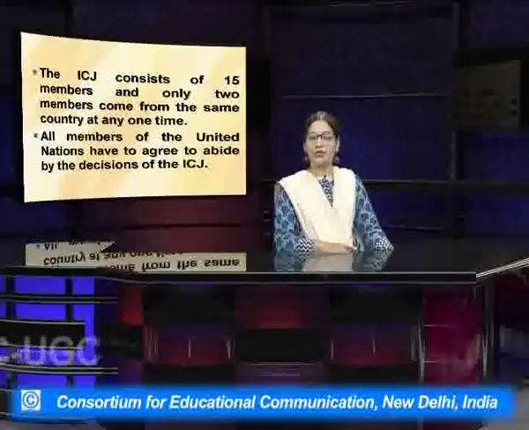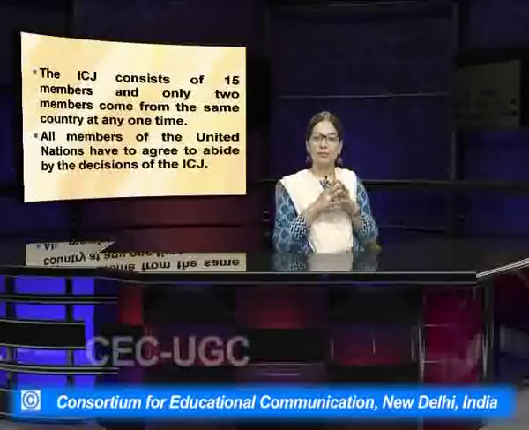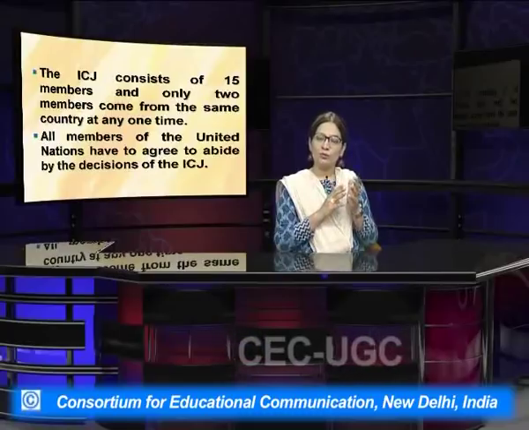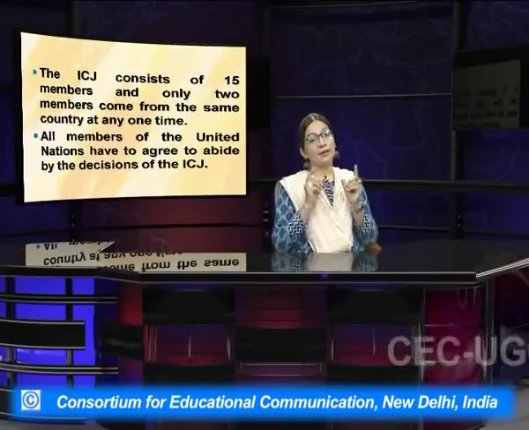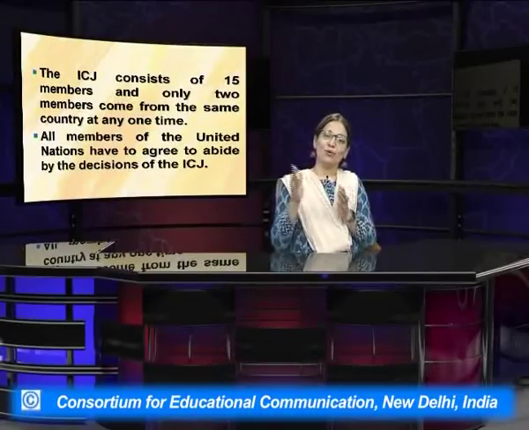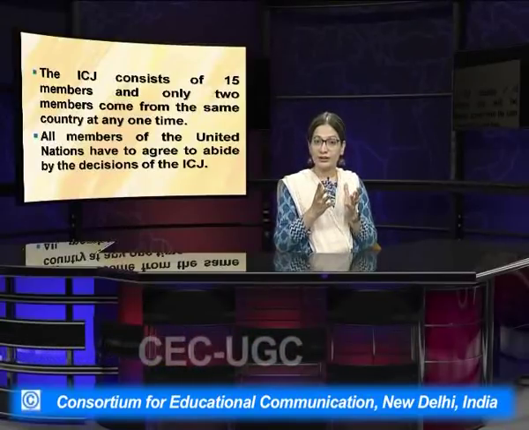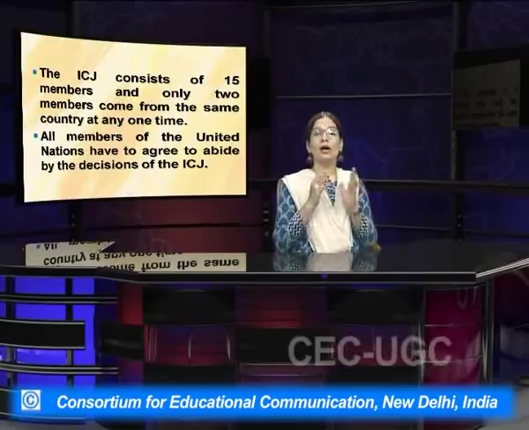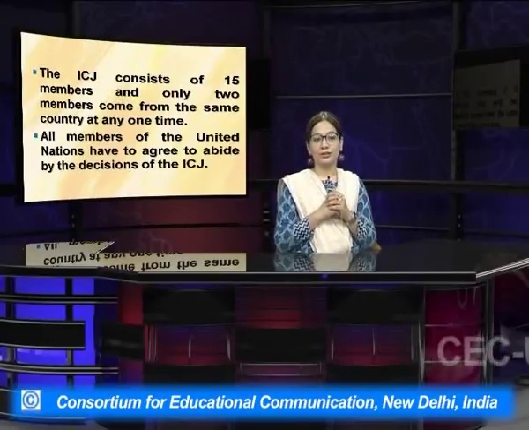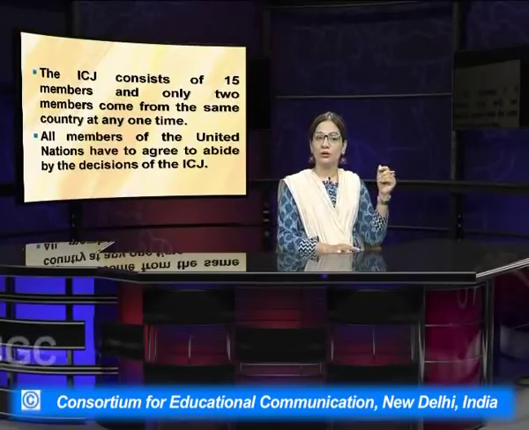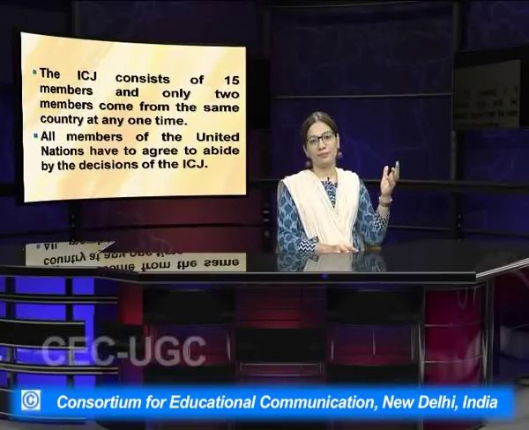The ICJ consists of 15 members and only 2 members come from the same country at any one time. All members of the United Nations have to agree to abide by the decisions of the International Court of Justice.